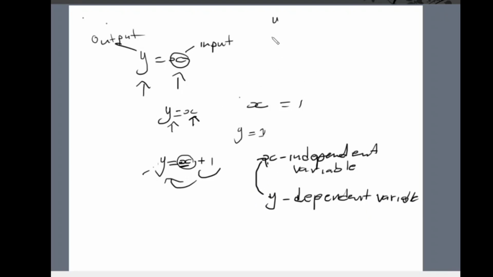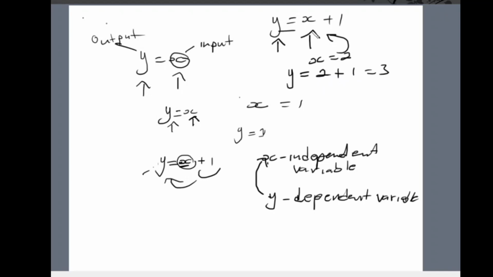Just like in this equation, y equals x plus 1, you cannot have your y without having the value of x. But if you say x is equal to 2 and then you substitute 2 into that equation, you will have the value of your y depending on what your value of x is. So there you will have 2 plus 1 to get 3.